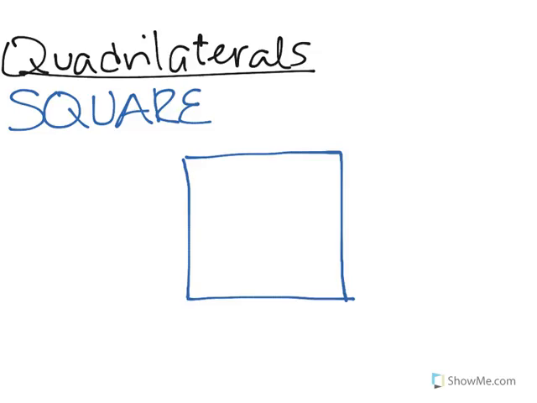First of all is a square. Within a square, opposite sides are parallel, and all the sides are congruent.